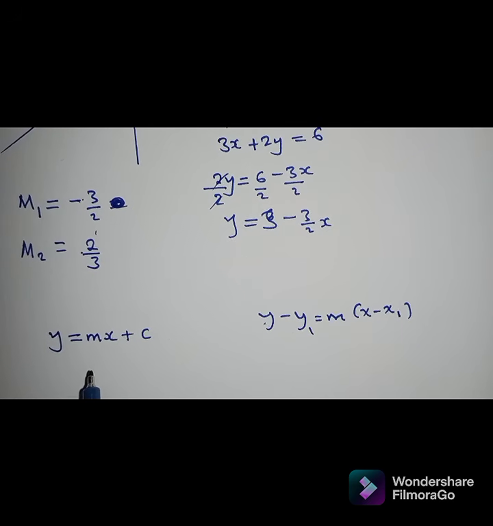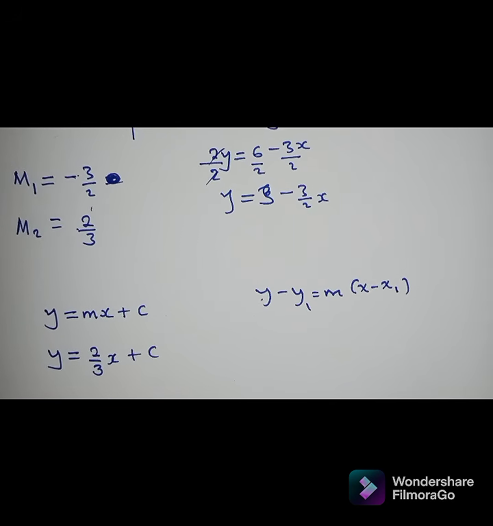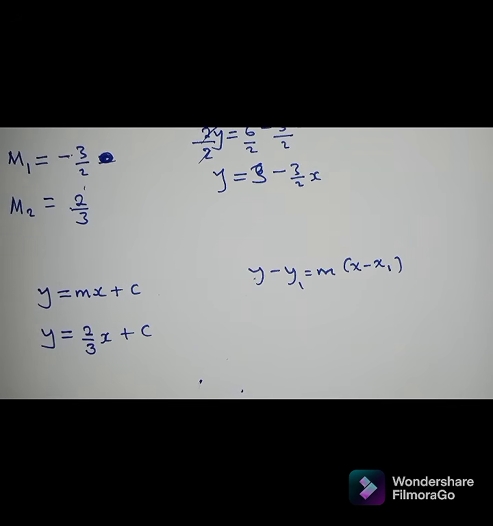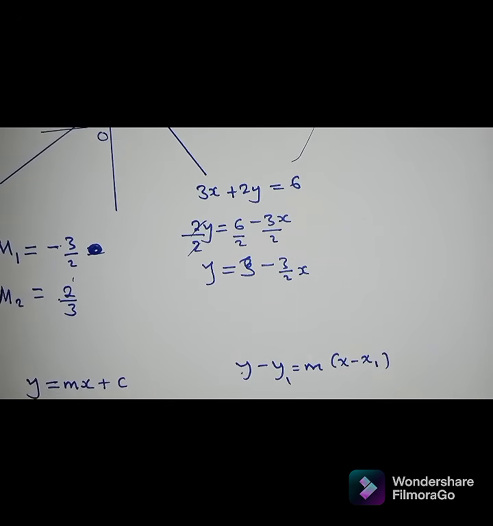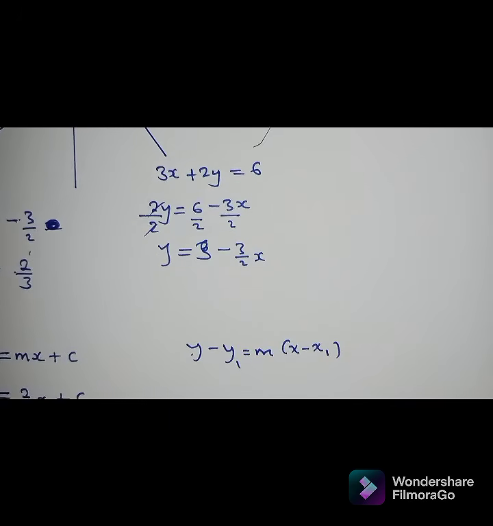Since we have a gradient, our new gradient is 2 over 3, multiplied by x plus c. So we need to solve for c. How do we solve for c? Remember, this line is passing through this point.